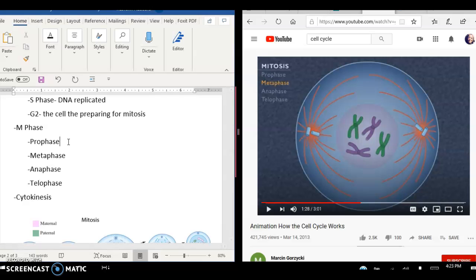Remember during S phase, the DNA is replicated, and the whole interphase is preparing for cell division. So prophase is the first stage of the cell cycle.